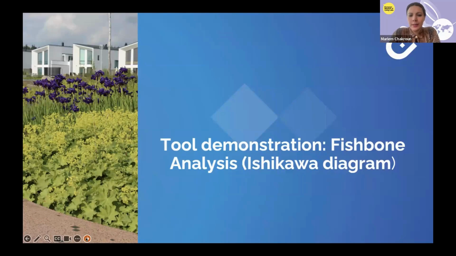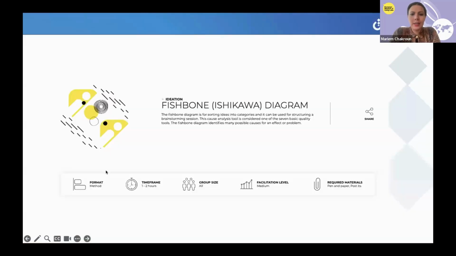And the fishbone analysis is one of the most known ones, and this tool helps sort ideas into categories, and it can be used for structuring a brainstorming session. It's much less complex than the Lego game. You can find information about the time frame, the group size.